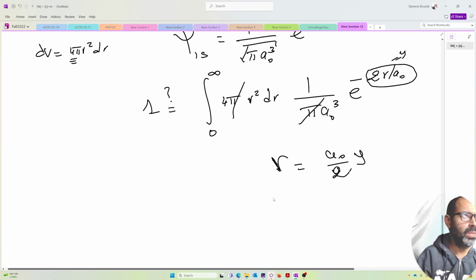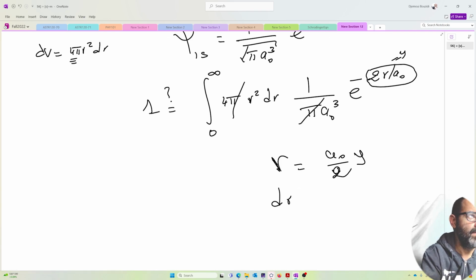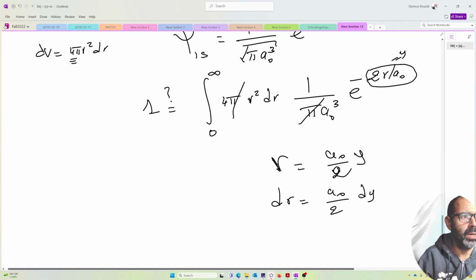So that gives me dr equals a naught over 2 dy. All of the dimensions now are carried by a naught because y is dimensionless. As you can clearly see, y is the ratio of r over a naught. If r is in meters and a naught is in meters, they cancel, and at the end of the day y has no units. That's good because you want the exponent to have no units. That's actually a requirement.